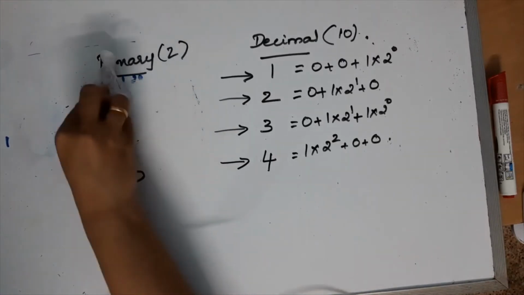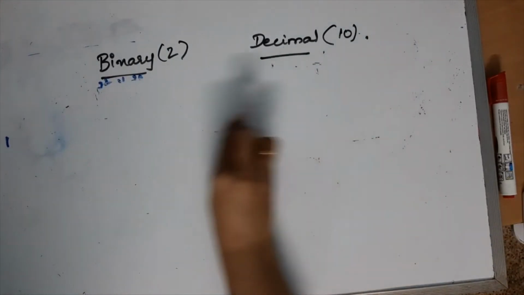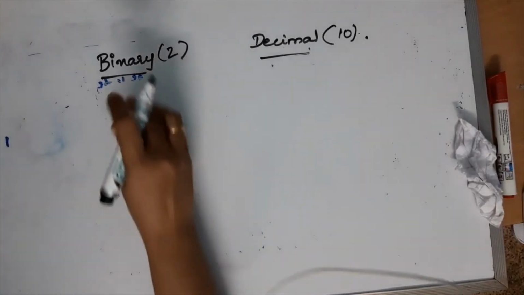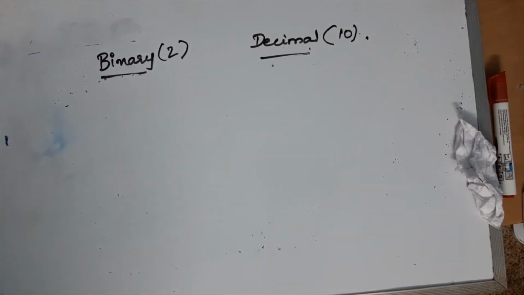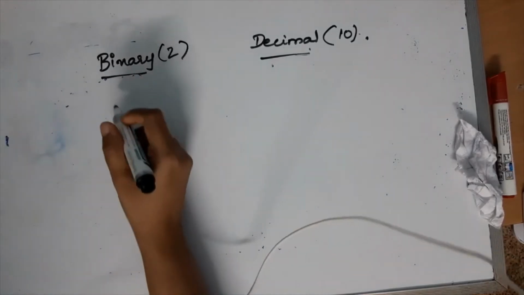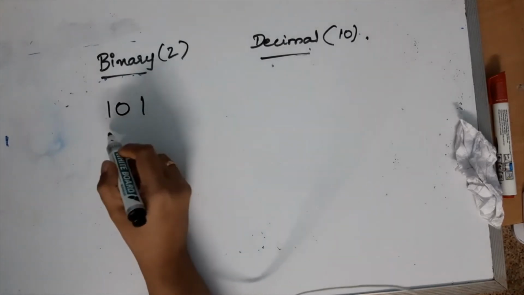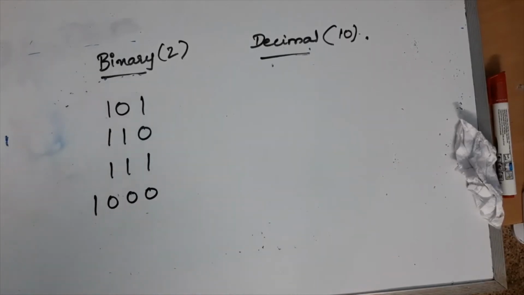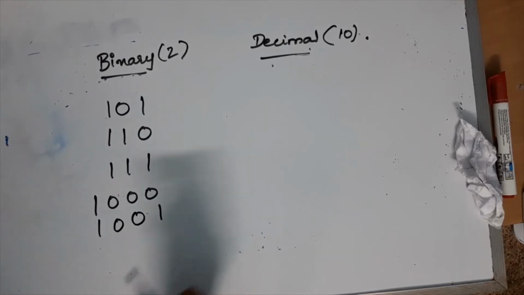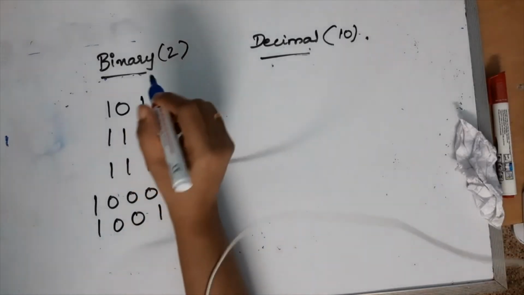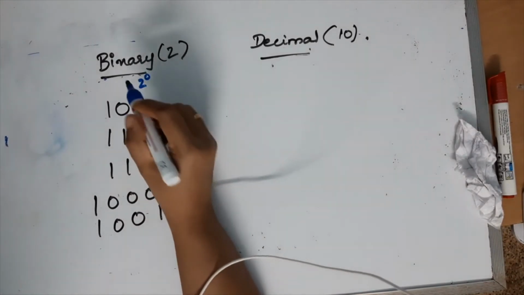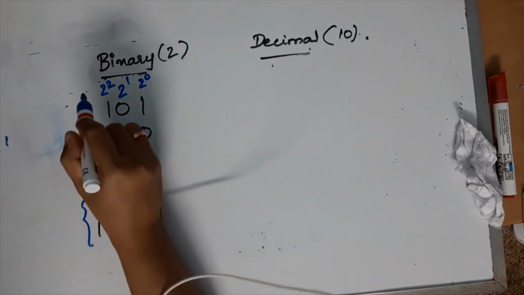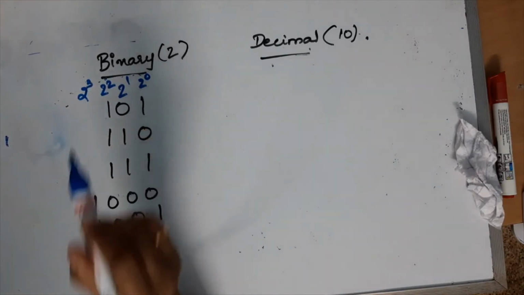Now if we take it to the next level, next is 101, 110, 111, 1000, 1001, etc. So here this has a base of 2 raised to 0, 2 raised to 1, 2 raised to 2, and for these two cases you have an extra bit which has a weight of 2 raised to 3.